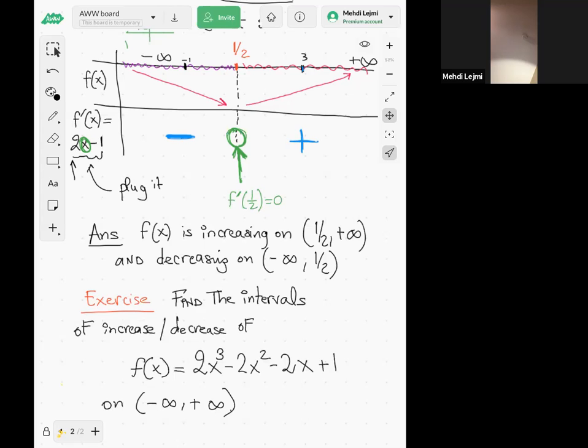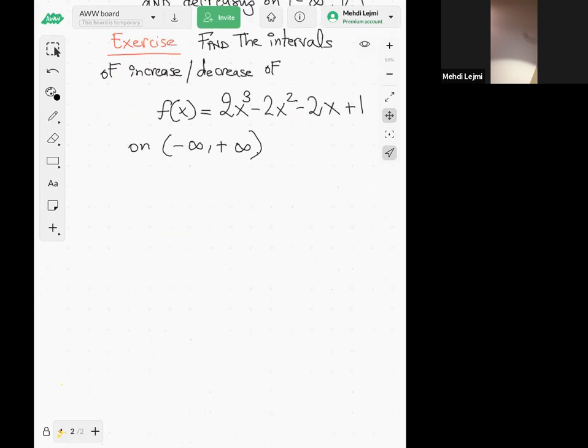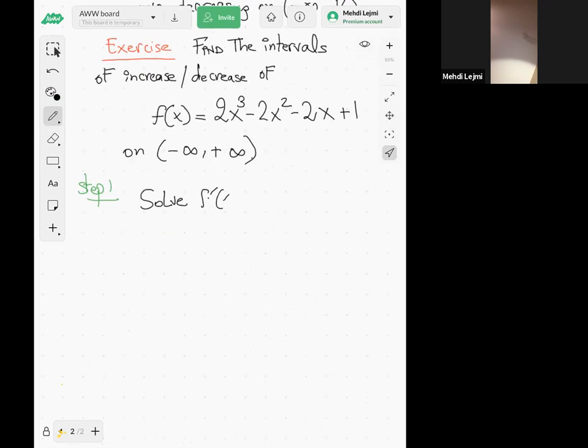That's correct. So step one: we have to solve f prime of x equal to 0. First we have to compute f prime of x. This is your f of x. First you have 2x cubed. You keep the constant, and the derivative of x cubed: you bring down the power 3 times x and decrease the power by 1, so it's 3x squared.